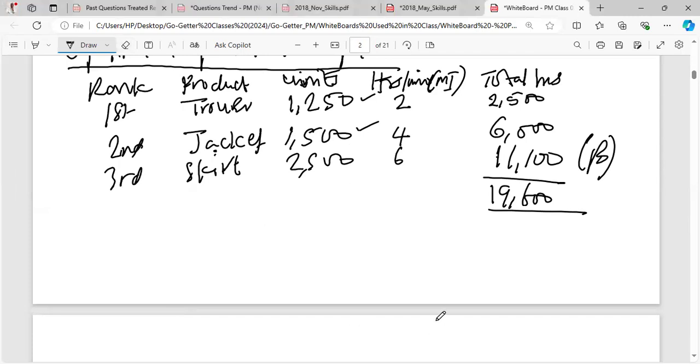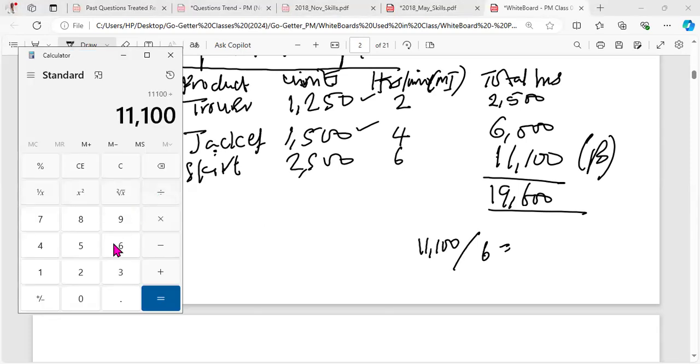Now, how many units can this 11,100 carry? I will say 11,100 divided by 6, which gives me 1,850.